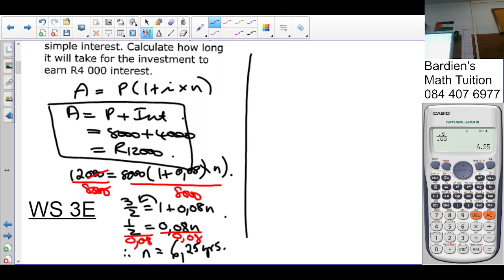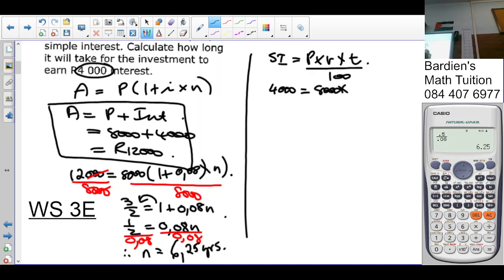On the other hand, we could have said, okay, your simple interest formula is equal to P times R times N over 100. So the simple interest earned was actually 4,000. So I have to say 4,000 equals your principal, 8,000 rand, times R, which is 8%, times time, which is normally N over 100.